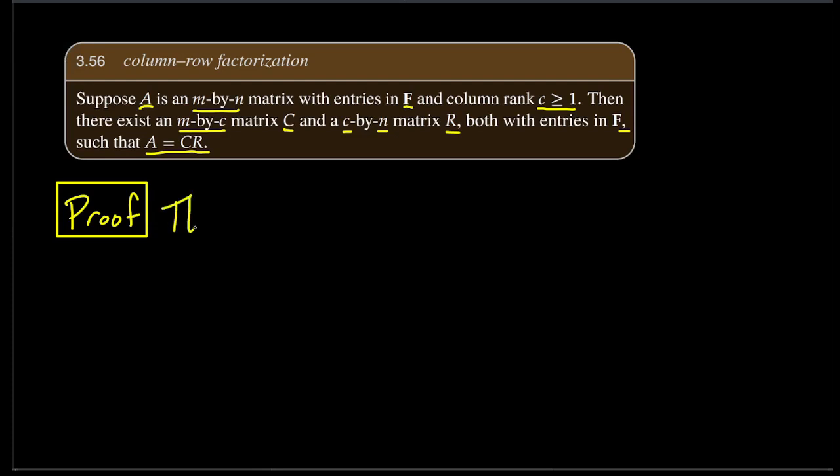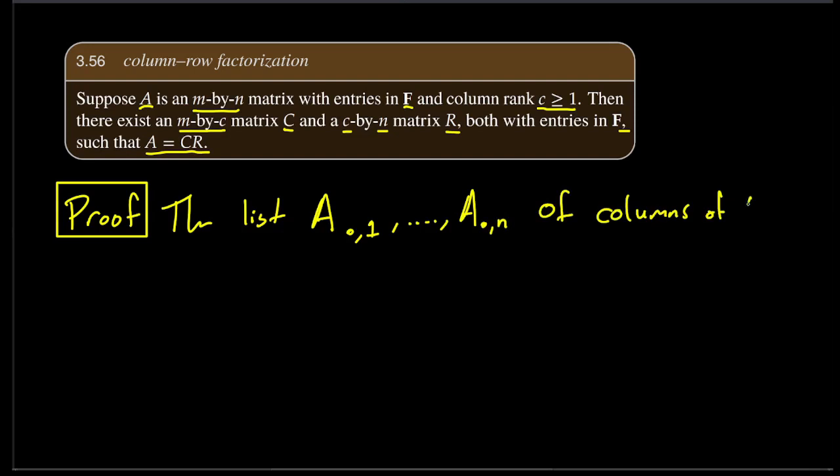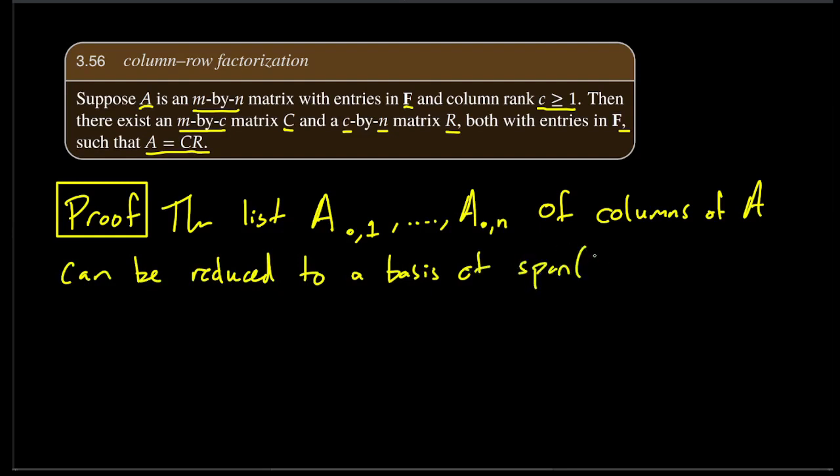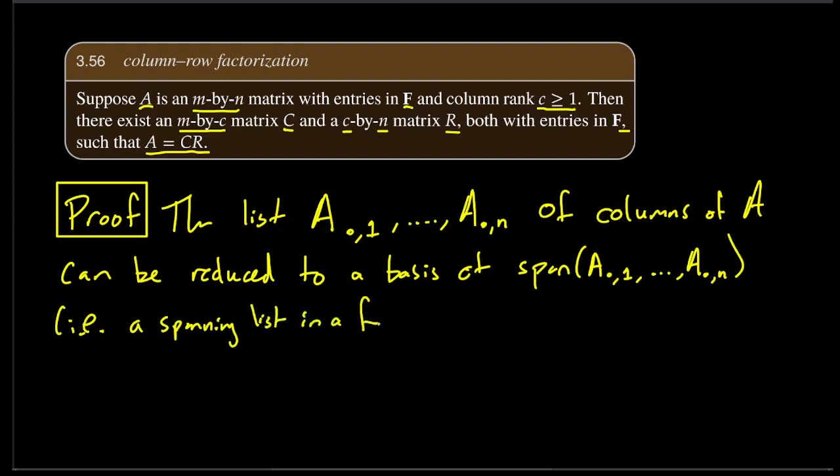So the list A_{·,1} all the way down through A_{·,n} of columns of A can be reduced to a basis of span(A_{·,1}, ..., A_{·,n}), i.e., a spanning list in a finite dimensional vector space can be reduced to a basis.